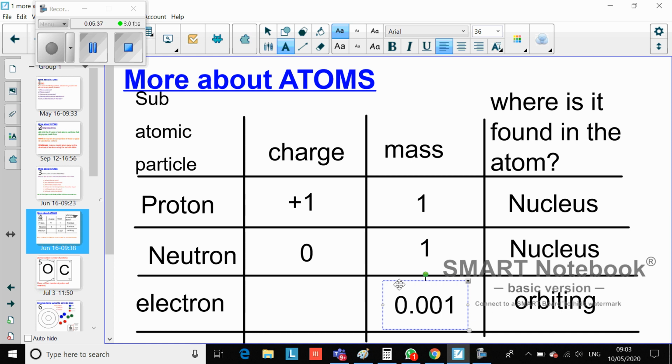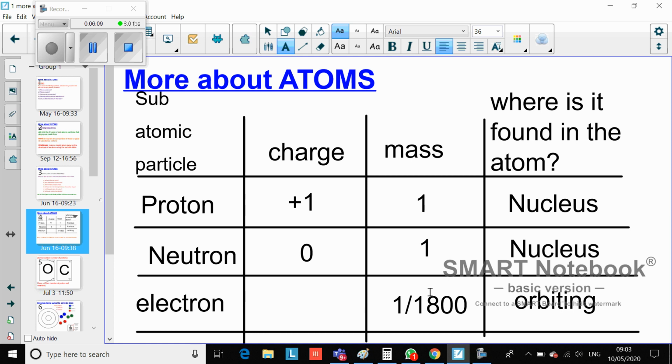Okay, so their mass is essentially 1/2000th of one of these. So, you know what, let's be really accurate. There we go. As you can see, it is much, much smaller. So say, for example, if they're 1, this is 1,800 times smaller than either a proton or a neutron.